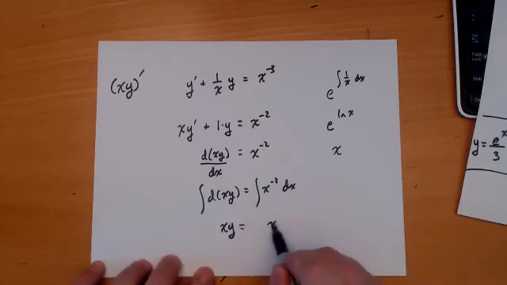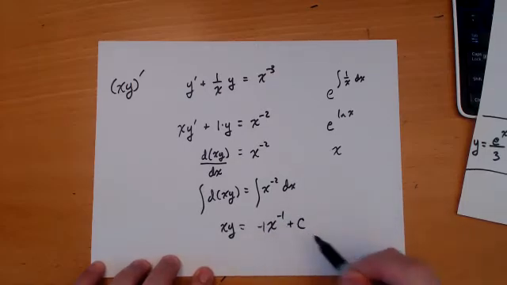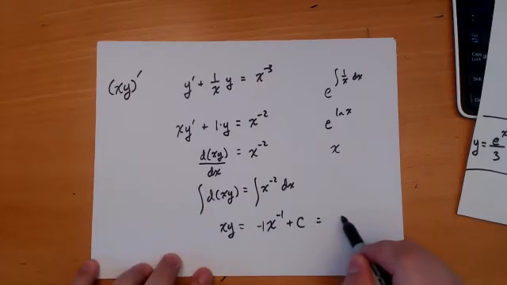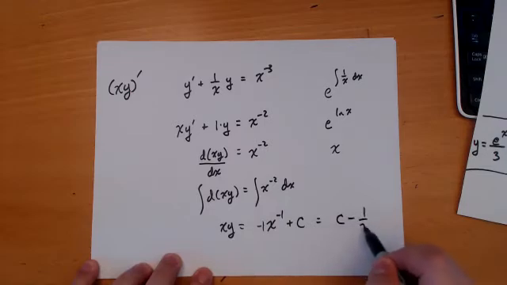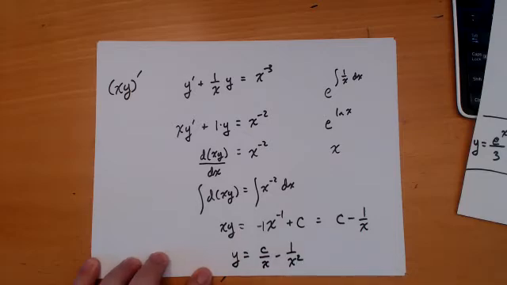This is x to the negative 1, and then you multiply it by the reciprocal, which is negative 1, plus our friend, the c. So what we have is something like c minus 1 over x. And now I divide by x to get y alone, and I get c over x minus 1 all over x squared.